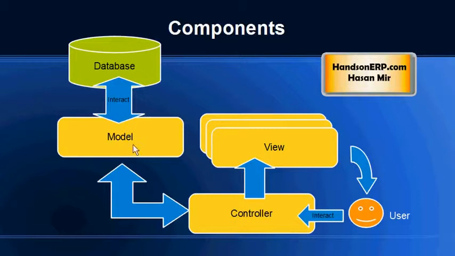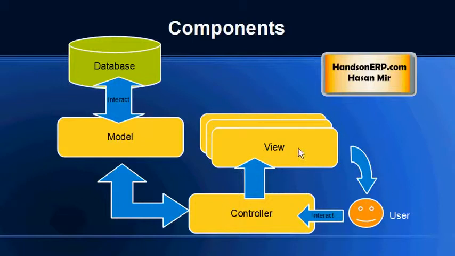The model will do the query in the database. The database will return the results back to the model. The model is going to return the results back to the controller. Now the controller will decide which of the views to use to display the information back to the user, and using this view the information will be presented back to the user.